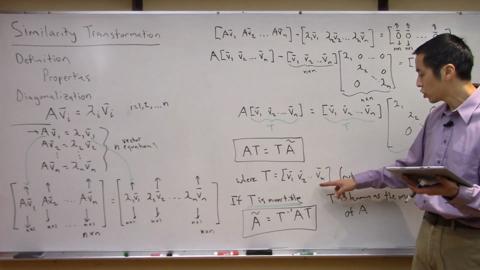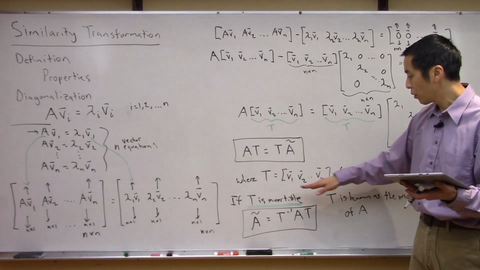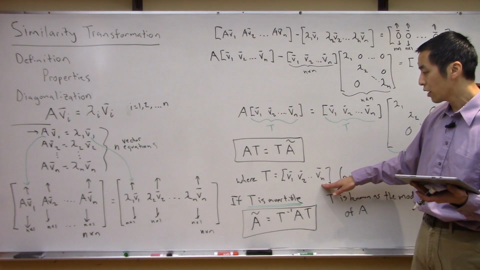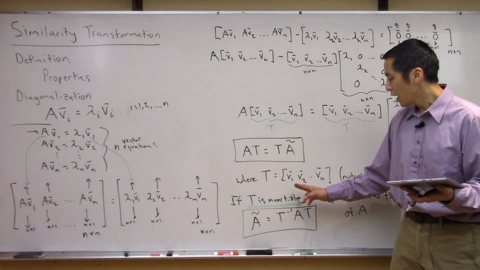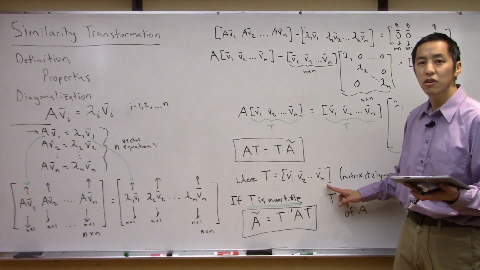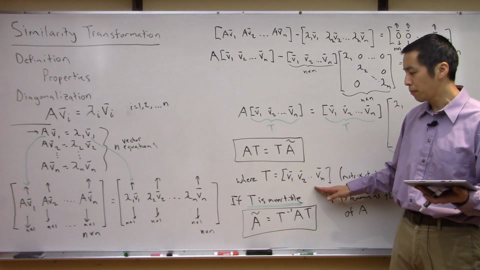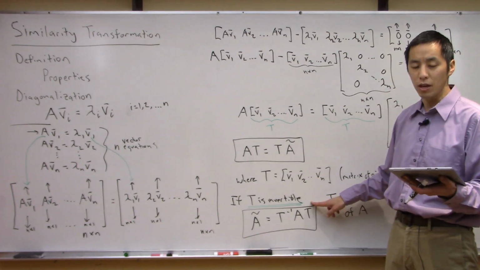We have to ensure that the eigenvectors span the space. If all the eigenvectors stacked up column-wise are full rank, that means T, hold on, let me get that straight: if the eigenvectors are all linearly independent, meaning the eigenvectors span the space, then T will be invertible, and you can diagonalize a matrix.